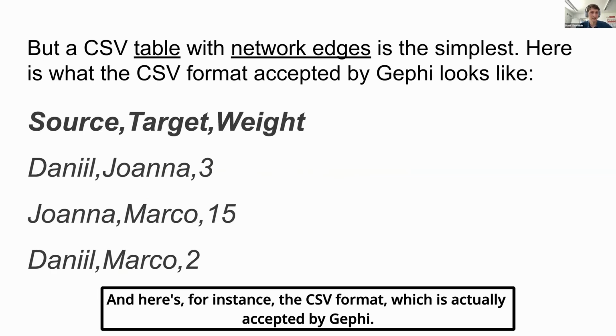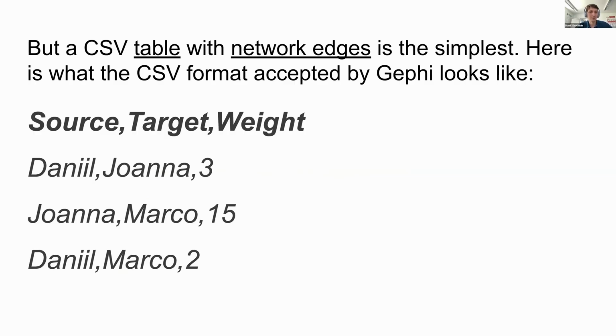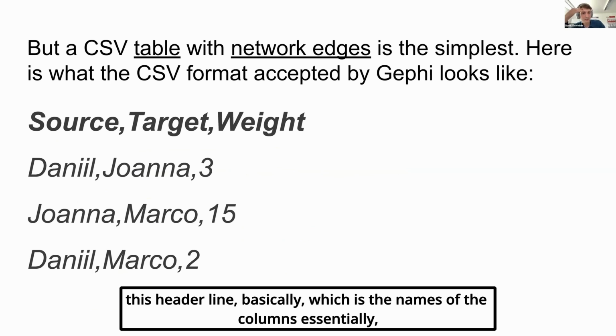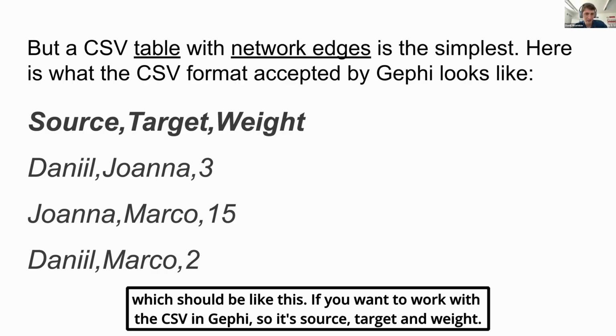Here is, for instance, the CSV format which is actually accepted by Gephi. The only alteration I made to the previous example is that I added a header line, which is the names of the columns, which should be like this if you want to work with this CSV in Gephi: source, target, and weight.